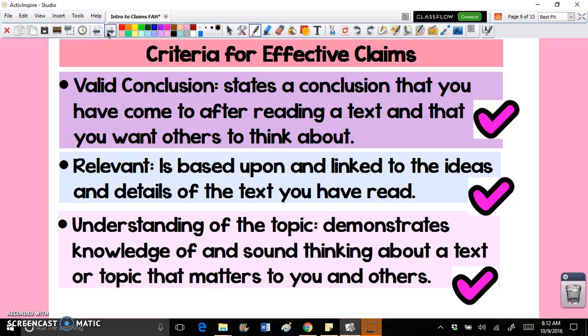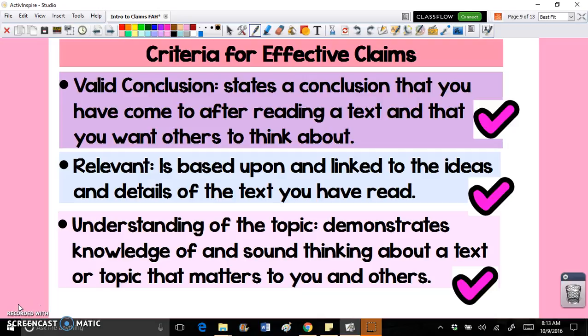And does it show understanding of the topic? It has to demonstrate knowledge of and sound thinking about a text or the topic that matters to you and others. So this is taking our previous slide where we talked about the three elements that make up a claim, and then using that criteria as our evaluation of whether or not somebody's claim is strong and effective.